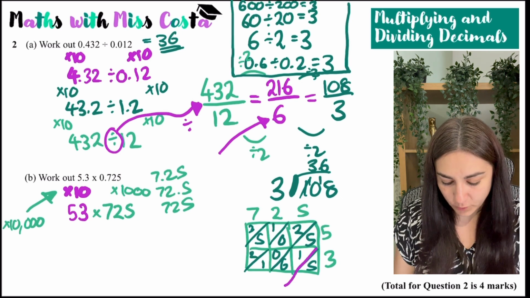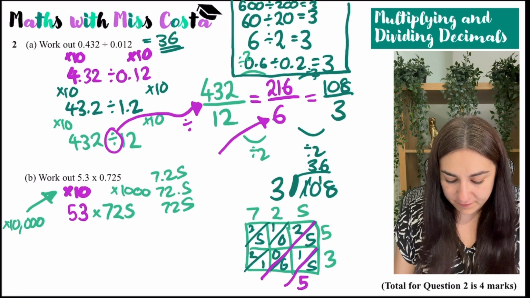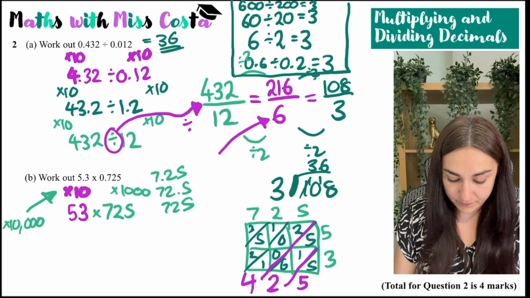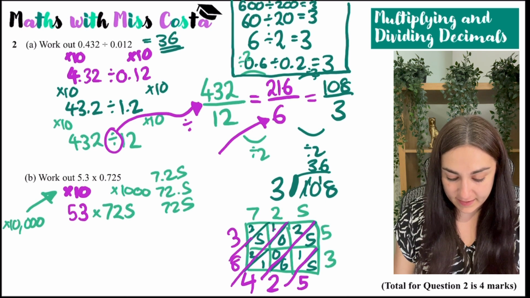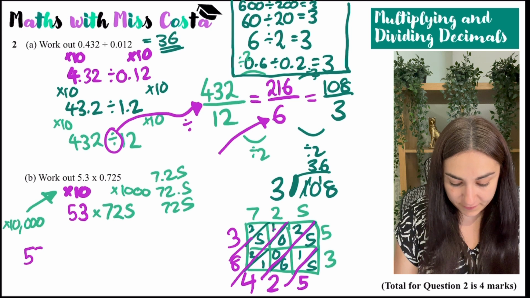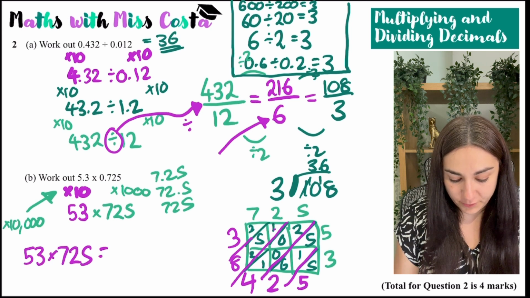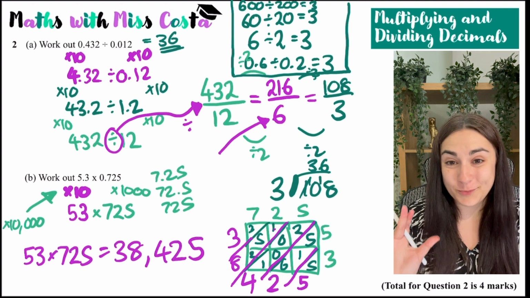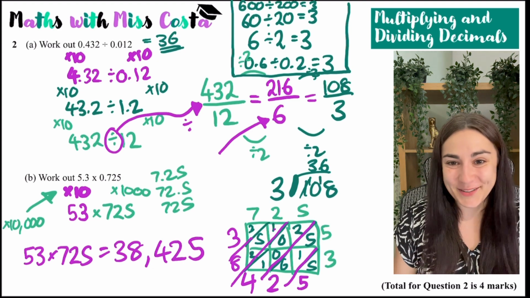Now I just add all my diagonals, so that would be 5. 5 plus 1 plus 6 is 12, so I carry the 1. 2 plus 1 plus 1 is 4. And then 5 plus 2 is 7, 8, and 3. So I know that 53 times 725 is 38,425.